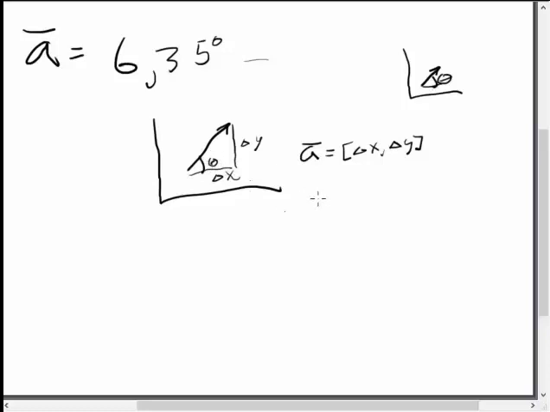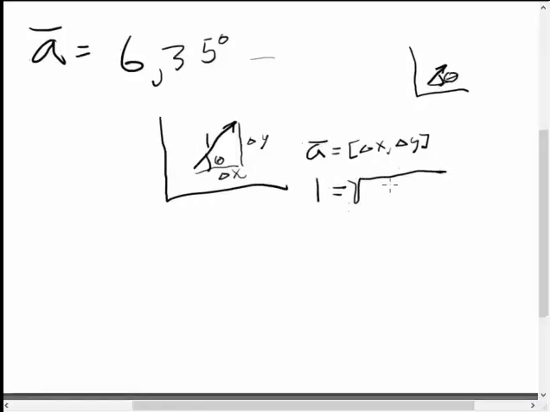The length of my vector is L. L is equal to the square root of delta x squared plus delta y squared, the Pythagorean theorem. That's my magnitude.